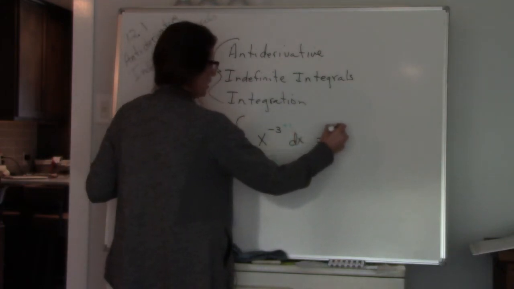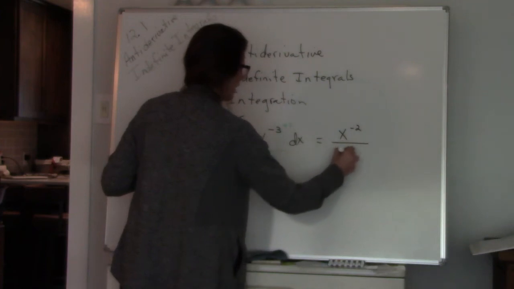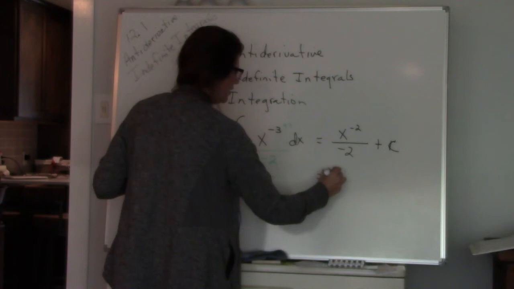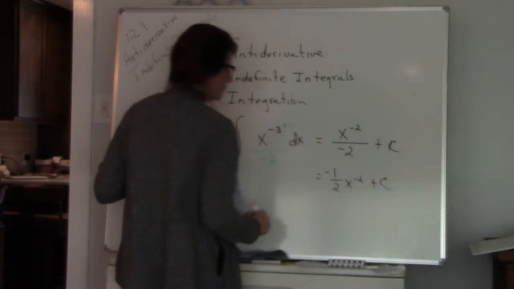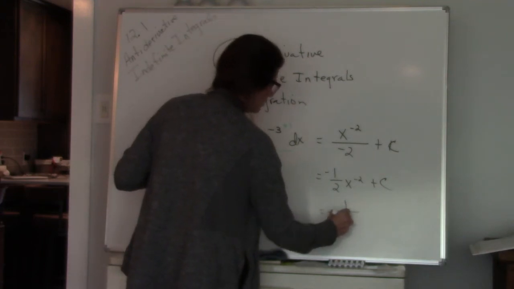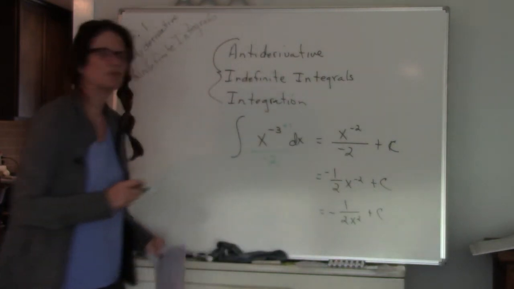So it is x to the negative 2 divided by negative 2 plus c. Another way to write it is negative 1/2 x to the negative 2 plus c. Another way to write it is negative 1 over 2x squared plus c. All of these are the same thing.